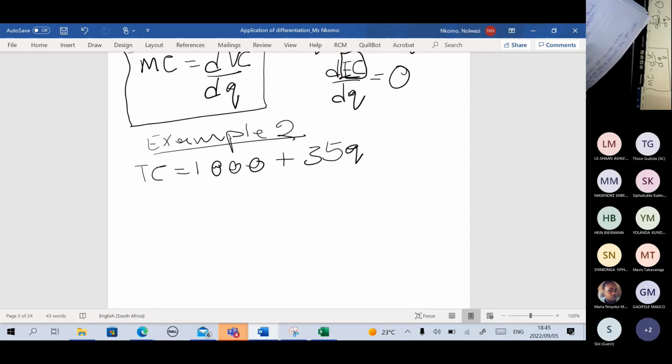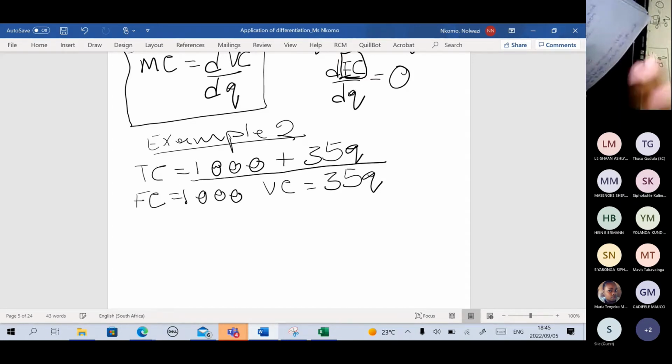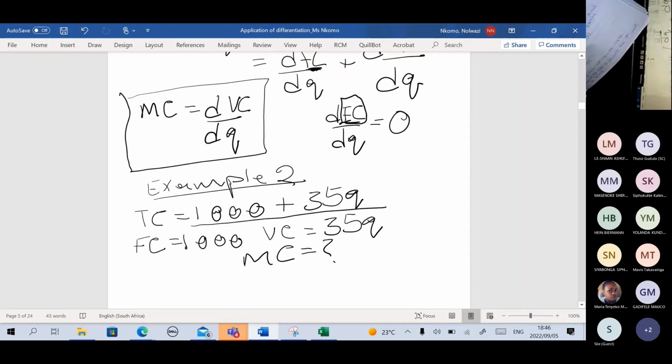If we look at this total cost, we can simply tell that the fixed cost is equal to 1,000 rand, and the variable cost is equal to 35Q, right? We are given this as the total cost, and we are asked to find the marginal cost. Okay, let's start here.